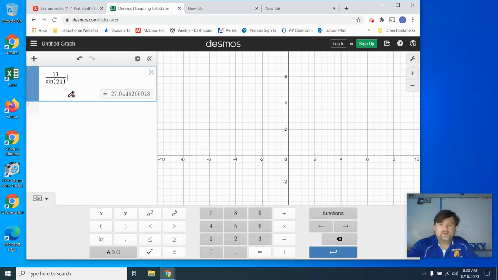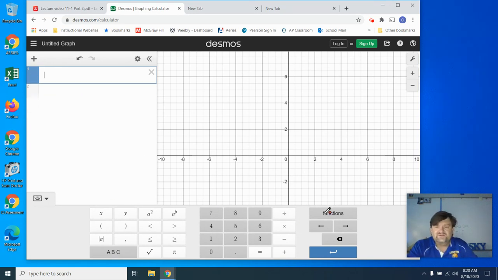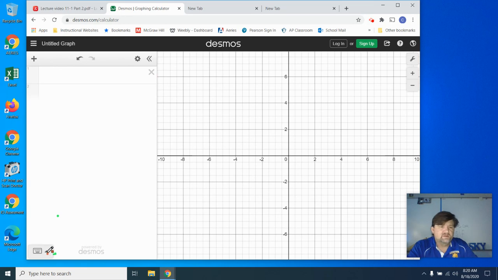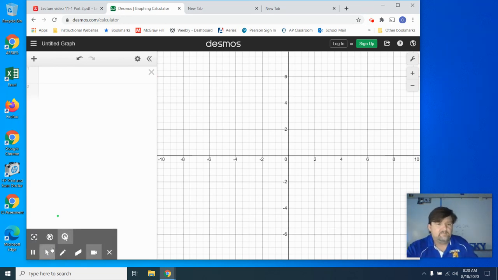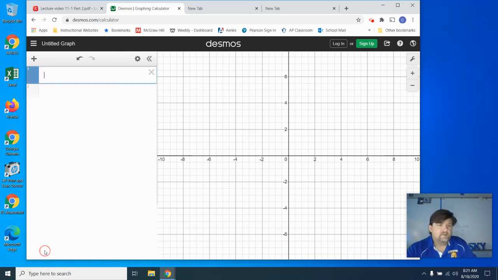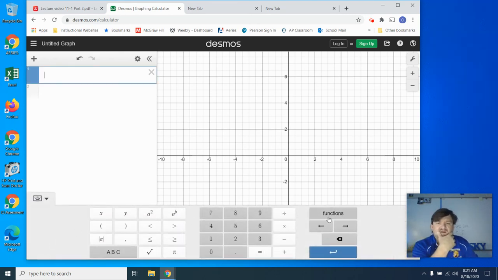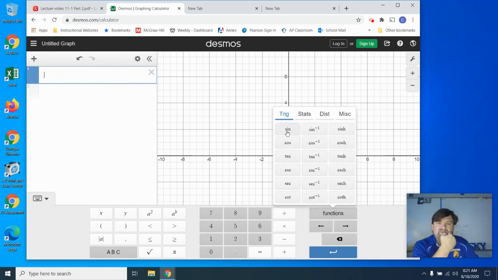So we're going to go ahead and back this one out. So to find inverse, go to functions. Oops, come back up here. Alt-T. So if we go to functions, notice how right next to sine is inverse sine.